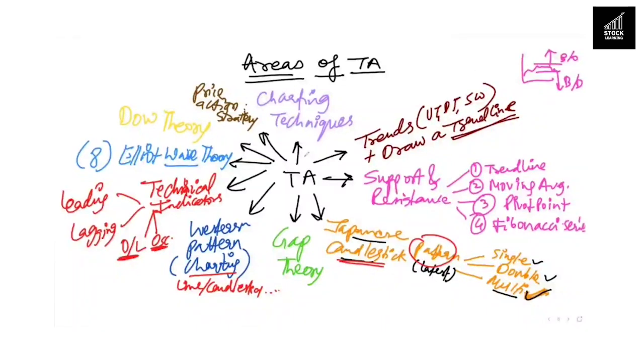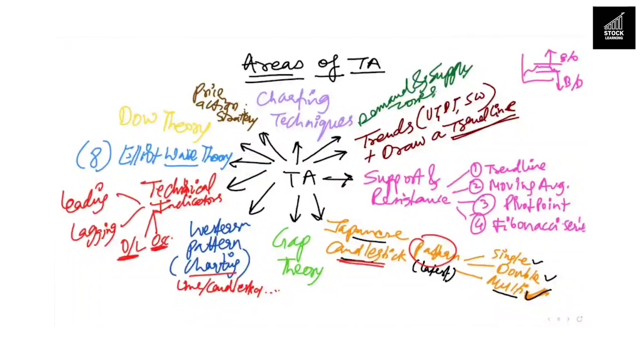Also, as I said, there is a study in technical analysis which is called demand and supply zones, which is called zone analysis. Okay, this is a study, demand and supply zones. That's also one of the areas of technical analysis. All of these colorful areas, so good they are, right?